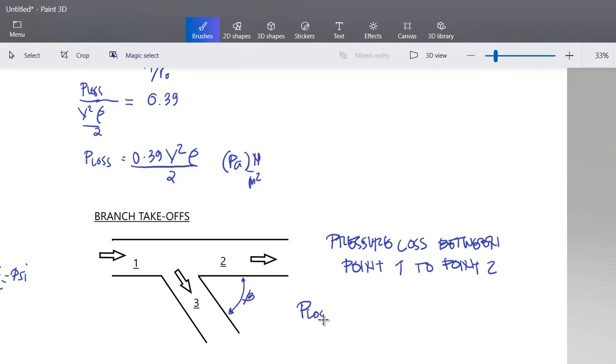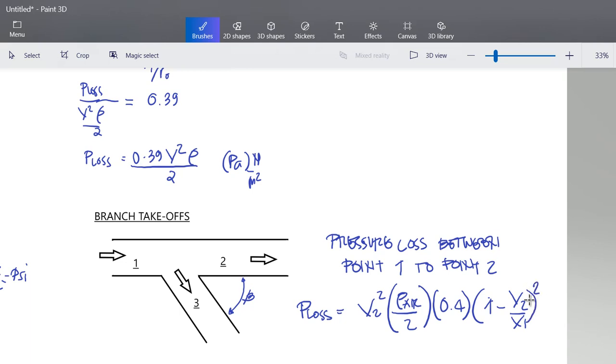Okay, that is equal to your velocity 2 squared multiplied by the density of your air divided by 2, multiply that by 1 by 0.4, then multiply it by 1 minus your velocity 2 over velocity 1, so that is squared also.